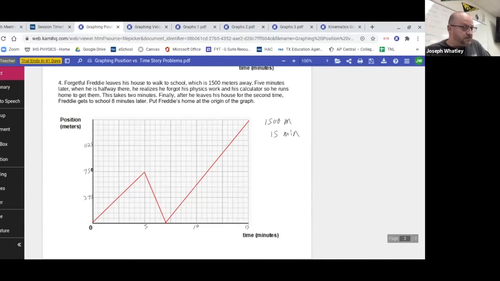For his speed, he went 3,000 meters in distance divided by 15 minutes of time, meaning that his average speed was 200 meters per minute. Since speed doesn't care about direction, every direction he goes has a speed. With the average velocity, he had some positive, some negative, some positive, and that negative kind of took down his average.